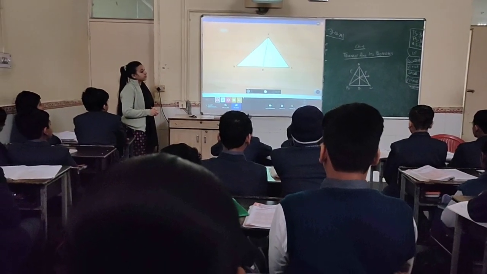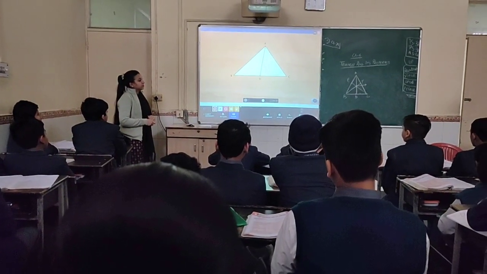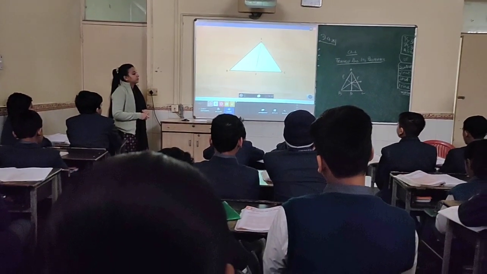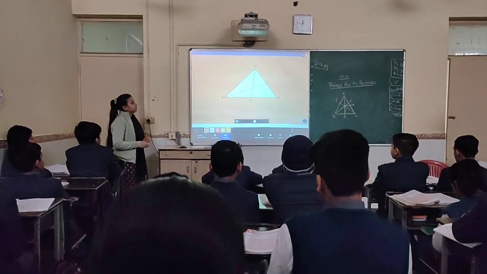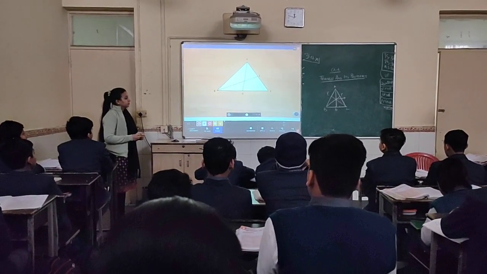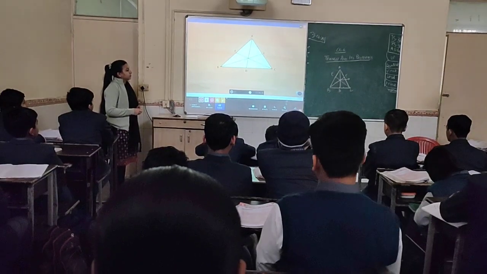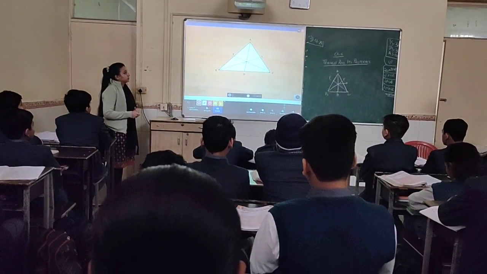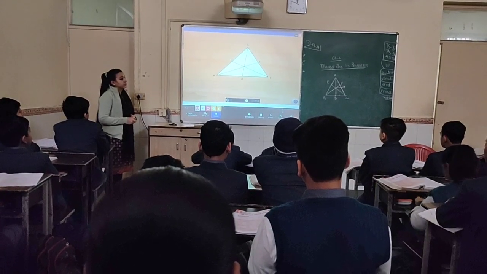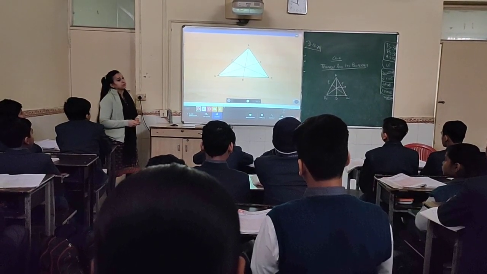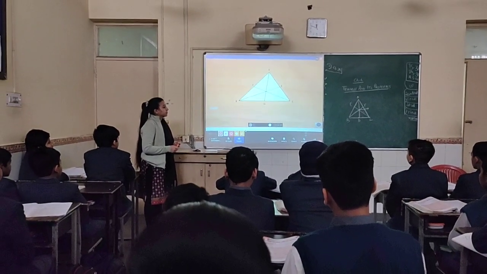Every triangle has 3 medians. In triangle ABC, you have already seen median AD. The second median is line segment CE. Line segment BF is the third median. So, as you can see, line segments AD, BE and CF are the 3 medians of triangle ABC.